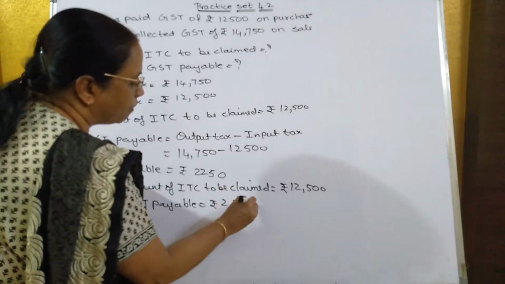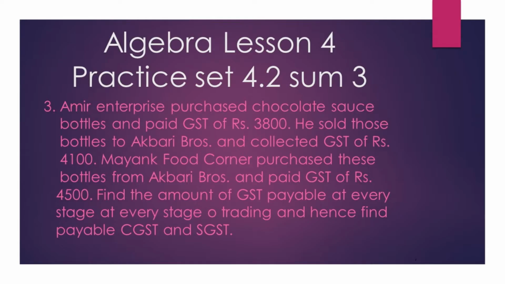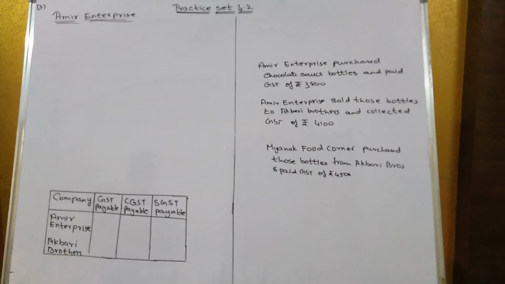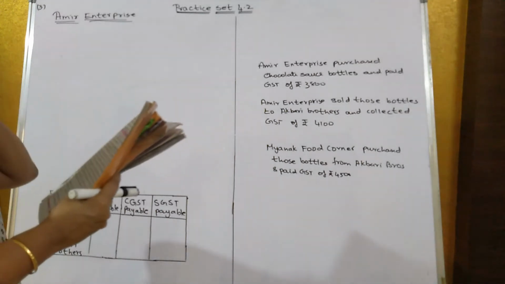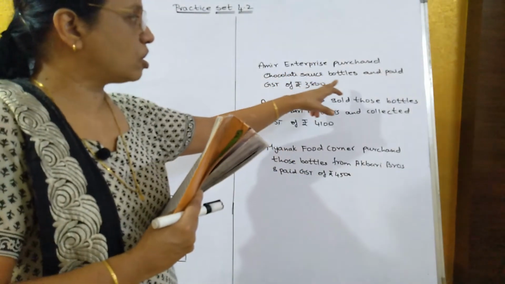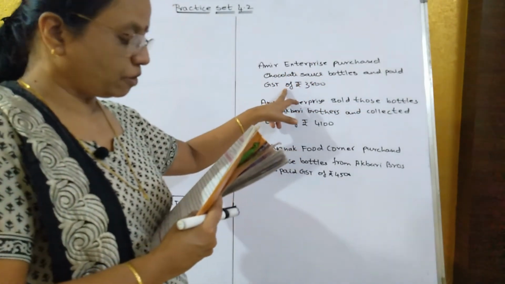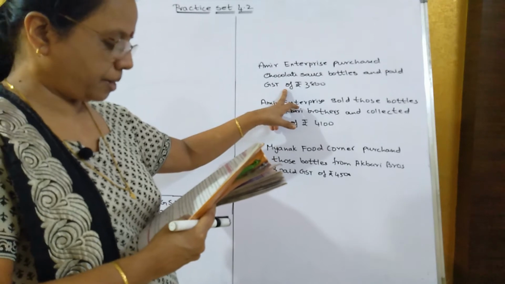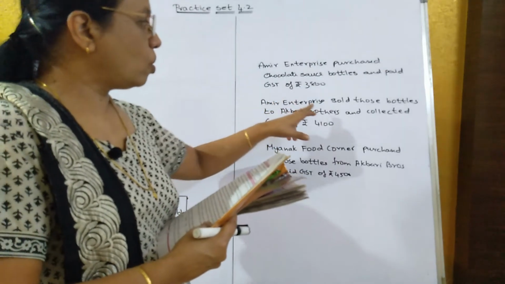Now third sum of practice set 4.2. They have given Amir Enterprise purchased chocolate sauce bottles and paid GST of rupees 3,800, and they sold it to the Akbari brothers.